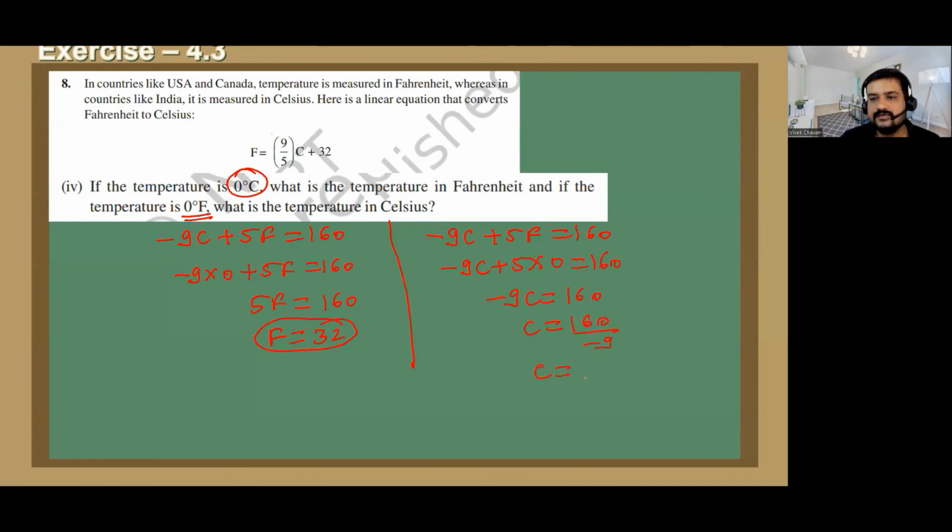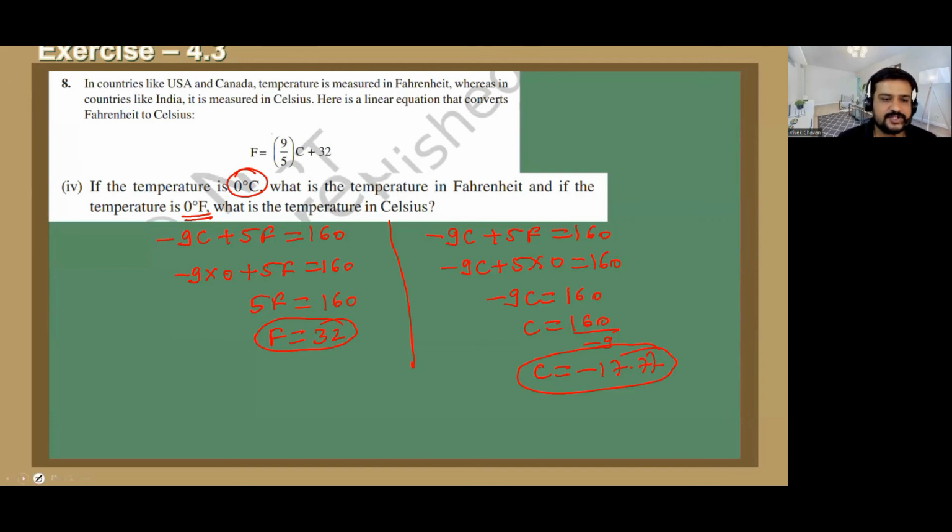So the value of c will come negative. Yes, second, third, fourth, and fifth you have to write in CW. The first part of this question you will do in the graph book. So minus 17.77 will be the temperature in Celsius.